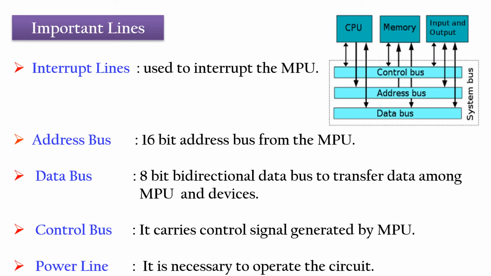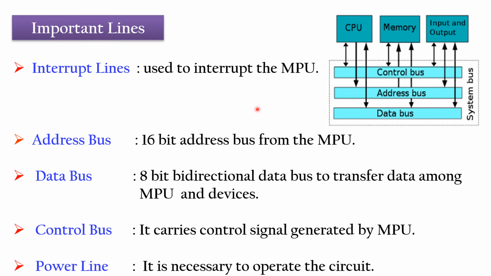So let us see the important lines. The first line is the interrupt line, used to interrupt the MPU. We have seen the keyboard interface interrupting the MPU when data is pressed from the keyboard. We have seen there are 5 interrupts for MPU, right? TRAP, then RST 7.5, 6.5, 5.5 and INTR, used to interrupt the MPU.